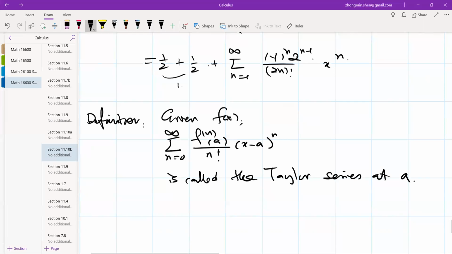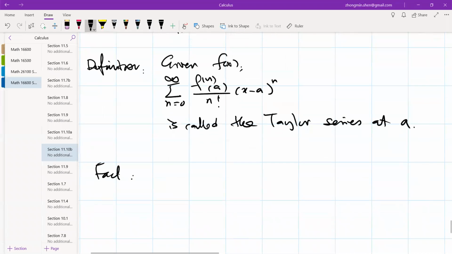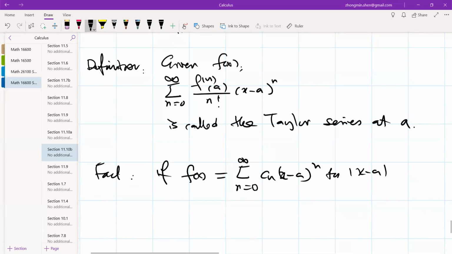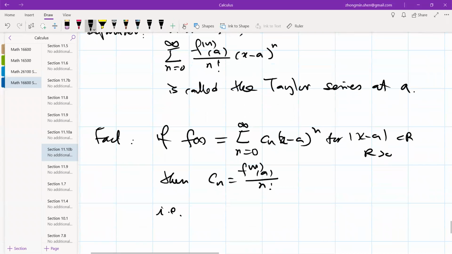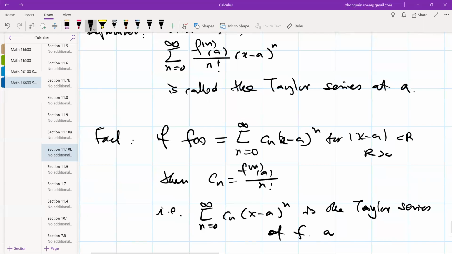Another one is, here's the important fact. If f of x equals a power series for |x - a| less than R, where R is positive, and you know that already, then the coefficients are determined, i.e. this power series is the Taylor series of f at a.